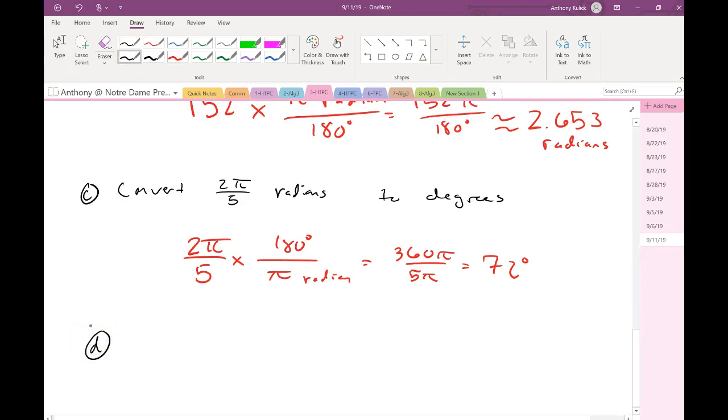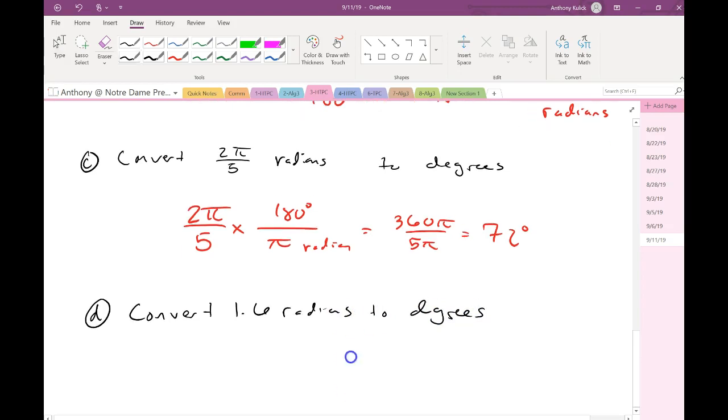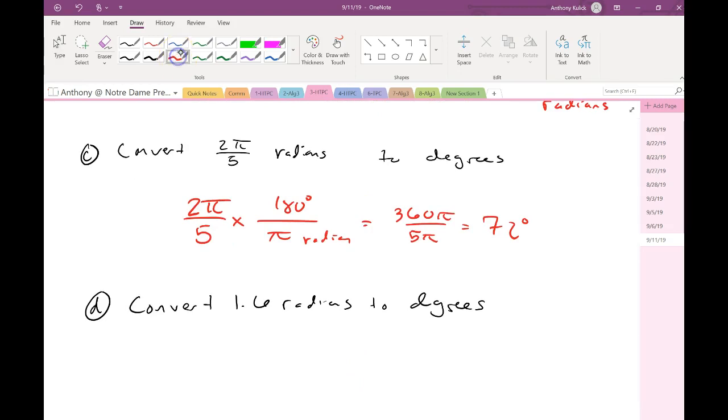Now again, when we write radians, we can often give them to you in terms of pi, or we can give them to you as a decimal. So instead of calling this a radian in terms of pi, maybe I just have 1.6 radians.